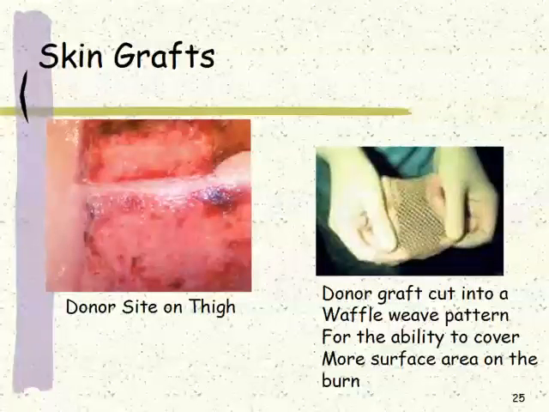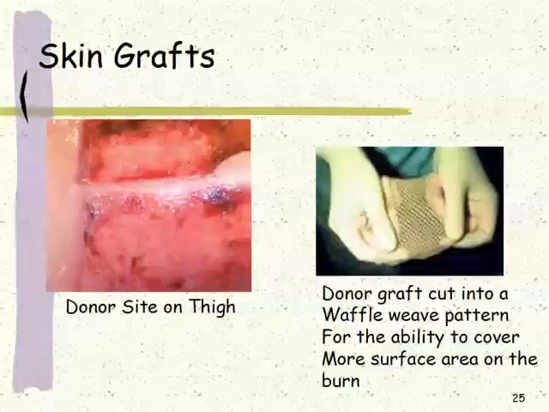Another option for patients that's kind of new on the horizon is cultured epithelial autografting, which is where skin cells are removed from unburned areas of the body and then put in a culture medium and grown in a lab. The nice thing about this is that over 5 to 7 days, those cells can expand up to 50 to 70 times their original size.